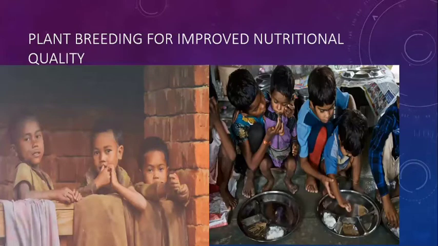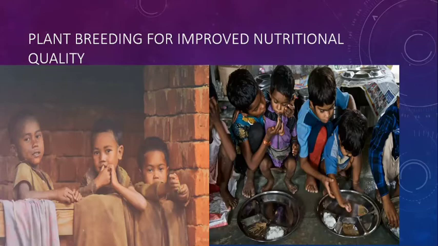Next we'll go for the third topic today, plant breeding for improved nutritional quality. Undernutrition and protein malnutrition among the human population is a major health problem which has been receiving much focus throughout the world.